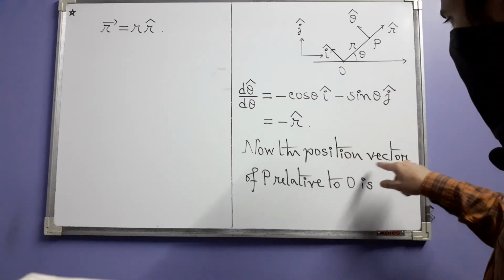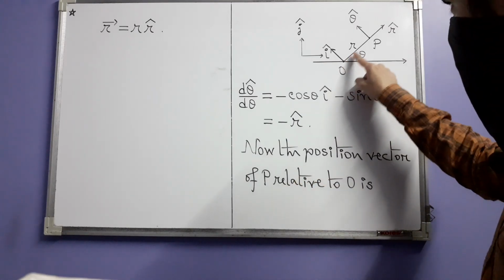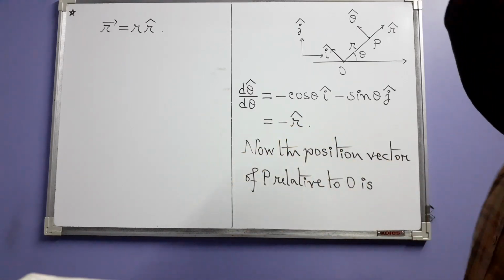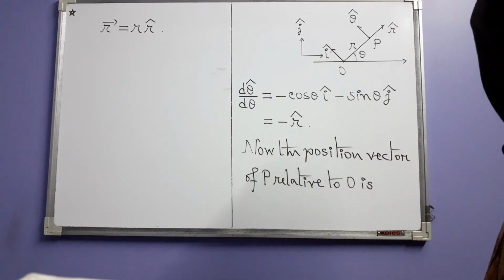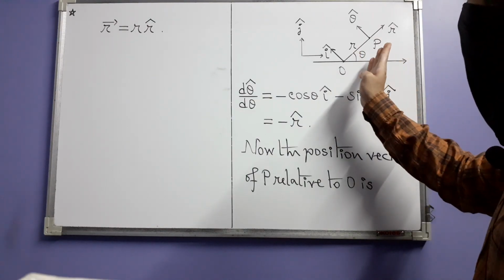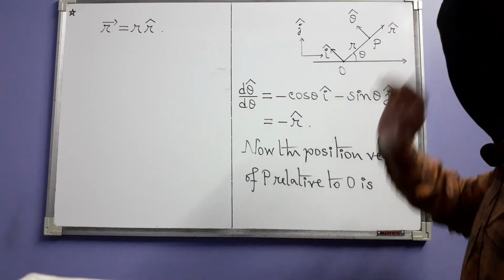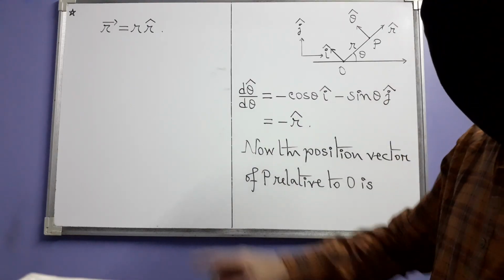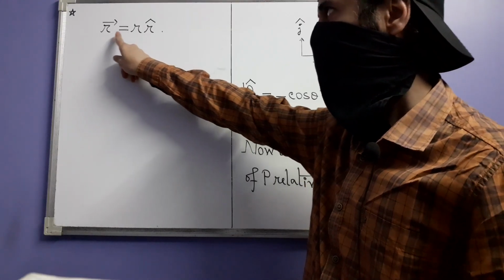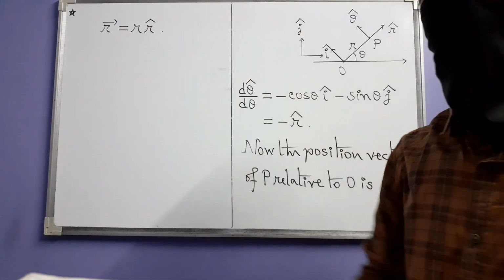Then the position vector of P relative to O is this vector OP. In fact, it is that vector that we saw in that calculation, which is what? What is the magnitude of OP? That is equal to r, and the direction of OP is in the direction of this unit vector r hat. So if we call this position vector vector r, then that is nothing but r times r hat.